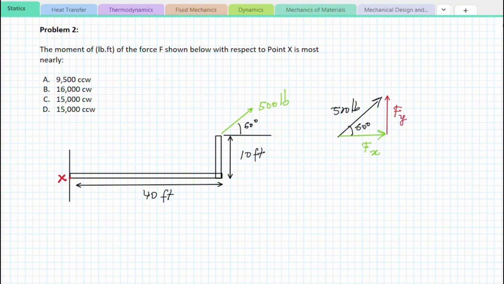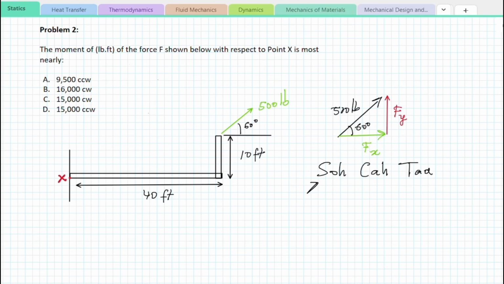So this is basic mathematics. This is very simple, but if you've always been curious as to how people quickly break down their force into its X and Y components, there is a quicker way to remember it, which is SOHCAHTOA.